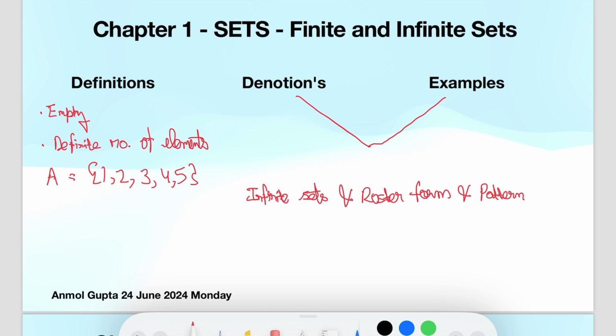Other than this definition, a set can be called an infinite set. Examples of infinite sets are A equal to 1, 2, 3 dot dot dot, and B equal to 1, 3, 5, 7 dot dot dot.